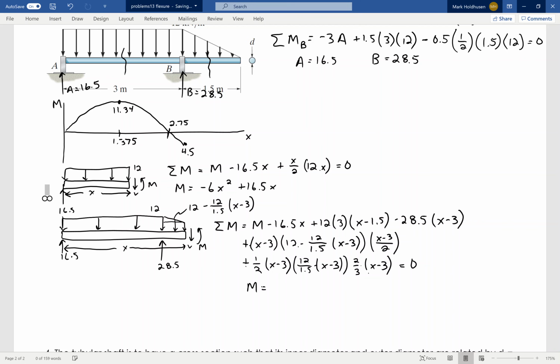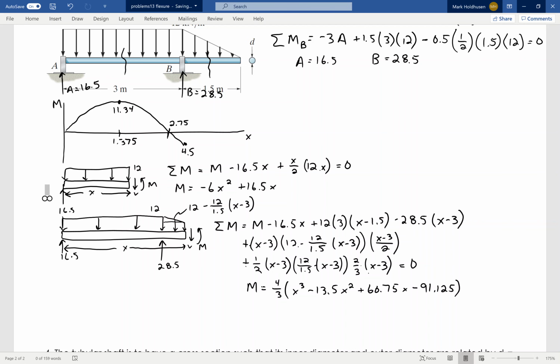And I see that the equation for the moment, this will be from 3 to 4.5 meters, then becomes, when I simplify the equation, 4/3 x cubed minus 13.5 x squared plus 60.75x minus 91.125. It is just that kind of tedious equation, simplifying that out.